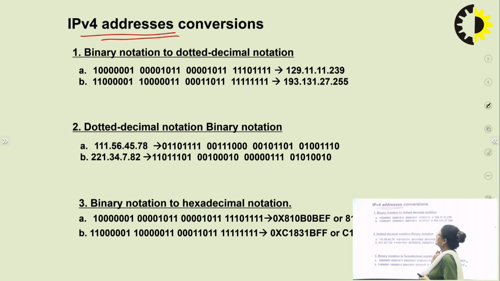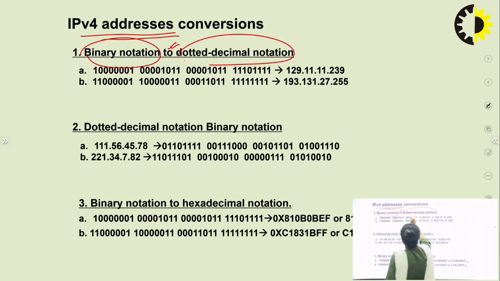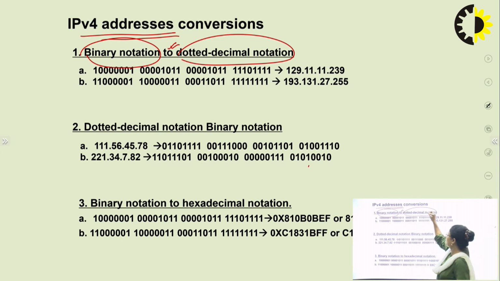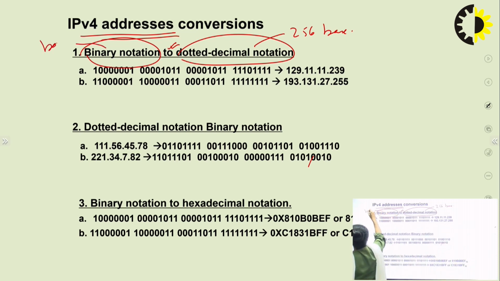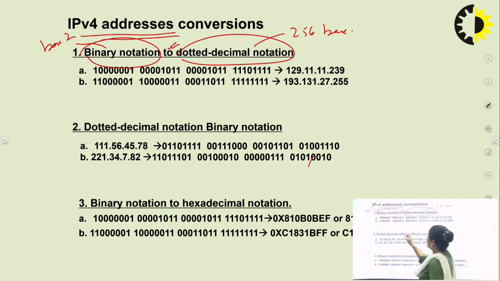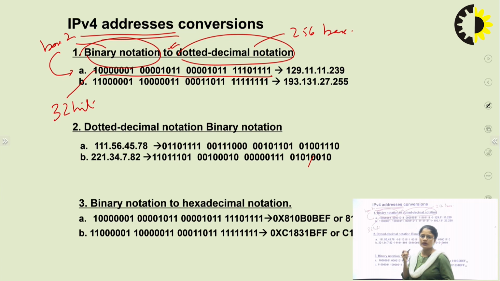For example, we have binary notation and we want to convert it to dotted decimal notation, which is also called 256 base notation. Binary notation is also called base 2 notation. Since it's a base 2 notation, you have 32-bit values, 32 zeros and ones, in binary form.